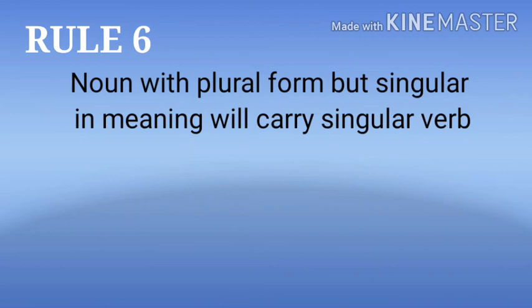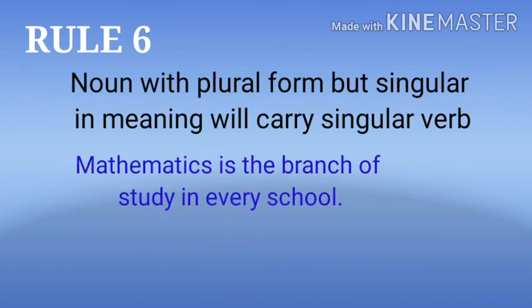Let's understand this with an example. "Mathematics is the branch of study in every school." Just look at the word mathematics. Since it carries an s at the end, it has a plural form. But it's a singular noun and hence has a singular meaning. So, it will carry a singular verb, "is."